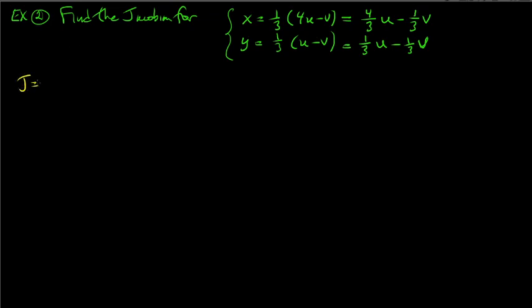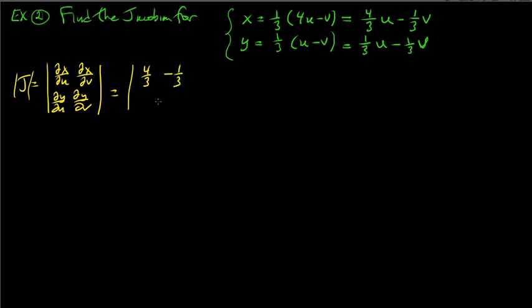The Jacobian, just to remind you: partial of x with respect to u, partial of x with respect to v for the first row, partial of y with respect to u, partial of y with respect to v. Let's just do that in our heads here. We're going to do the determinant in just a minute. Partial of x with respect to u is just the 4/3. With respect to v, it's negative 1/3. And then the partial of y with respect to u is positive 1/3.